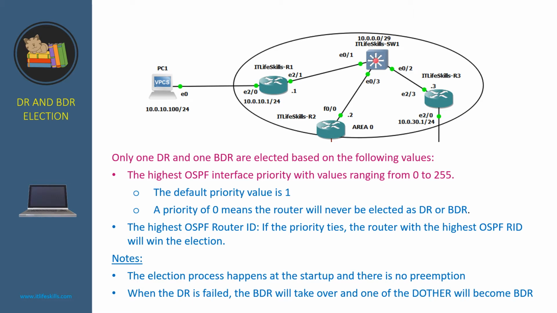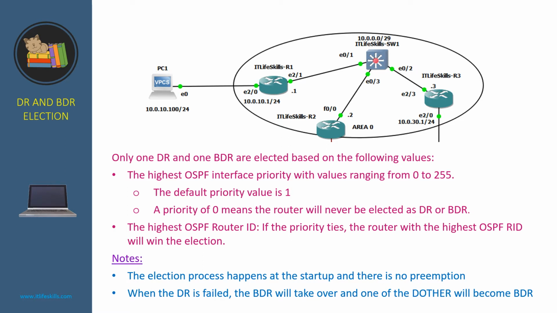If we do not configure the priority value, the default value is 1. And if we configure the priority value of 0, it means we remove the router from the DR and BDR election process. So what if the priority value ties? In that case, the router with the highest OSPF router ID will win the election.